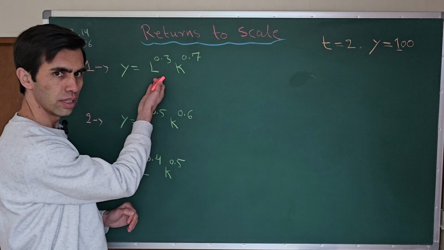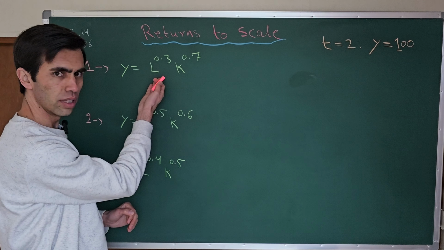So now, when we scale all inputs by 2, our output level increased from 100 to 200. That means we doubled our inputs, and our output also doubled, because 200 divided by 100 is equal to 2.